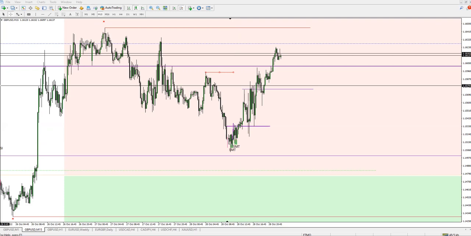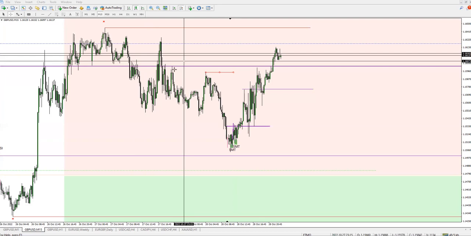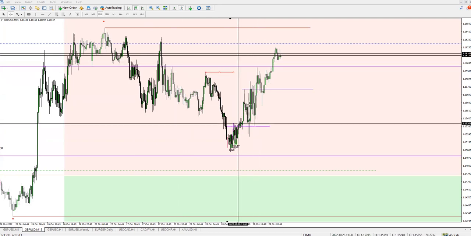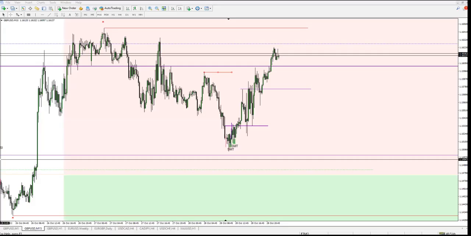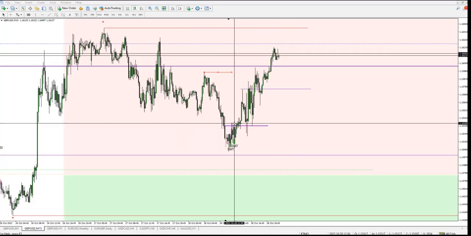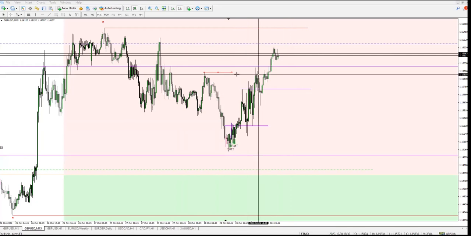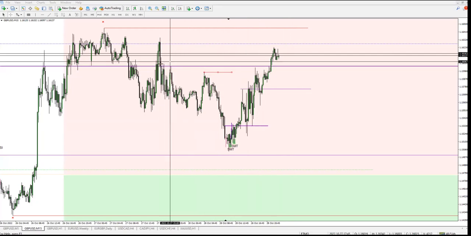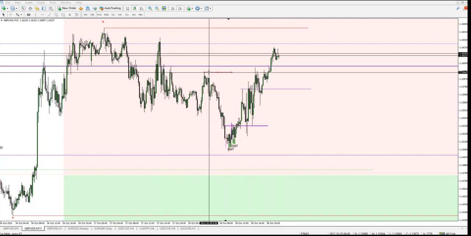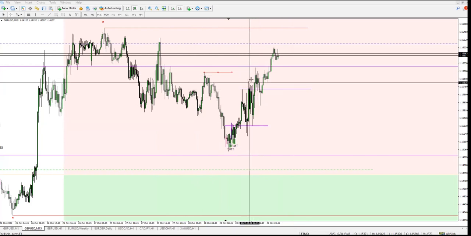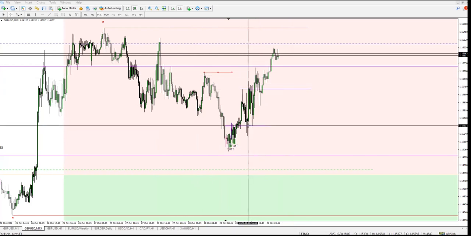So we have to embrace that, and we have to put, as ICT calls it, skin in the game. And it's not always about getting the tightest stop loss. If you know the directional bias for this session, it doesn't have to be a daily bias, it could just be a session bias, and you said you wanted to take this swing high or these equal highs, and your session bias is bullish, then put some skin in the game.